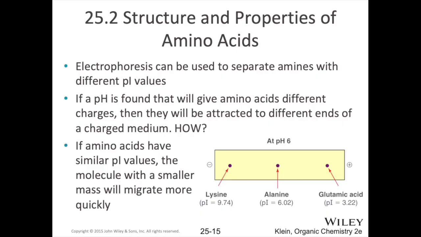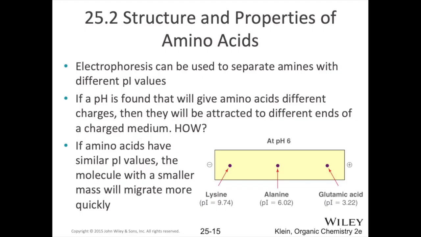All right. So with that in mind, armed with these pI values, and knowing that you've got a system at a particular pH, you can figure out whether your amino acid is going to be effectively neutral as a Zwitterion, or if it's going to have an overall positive charge and be cationic, or an overall negative charge and be anionic.